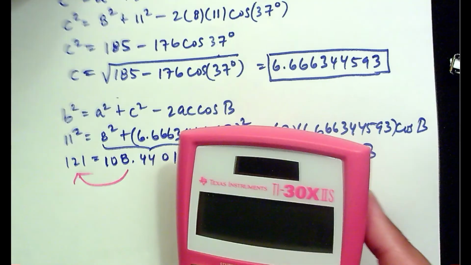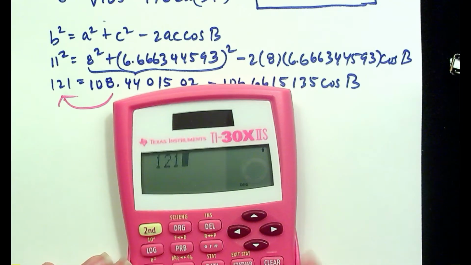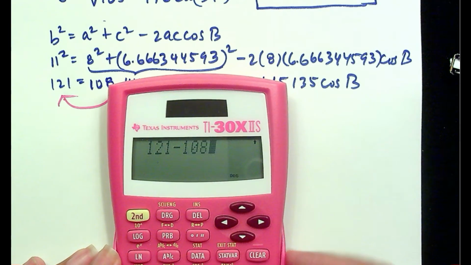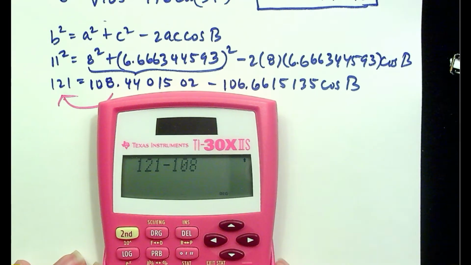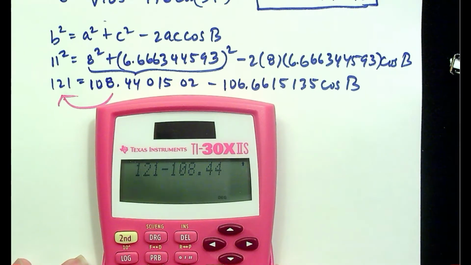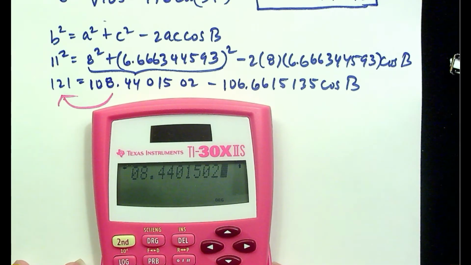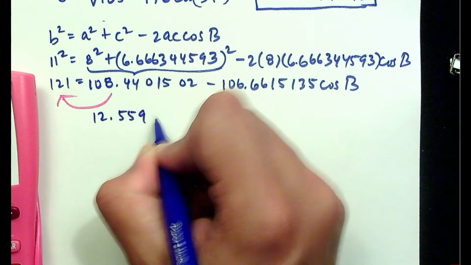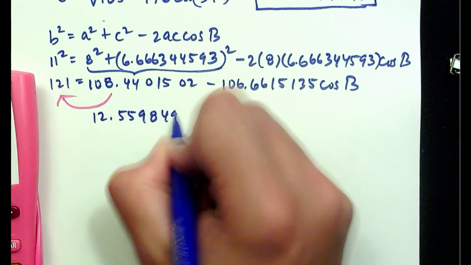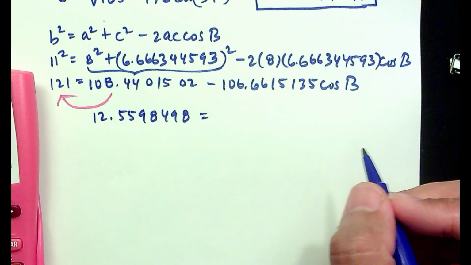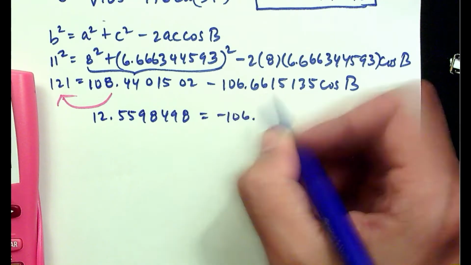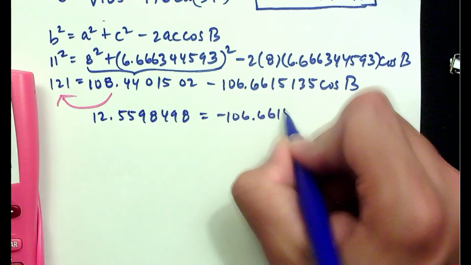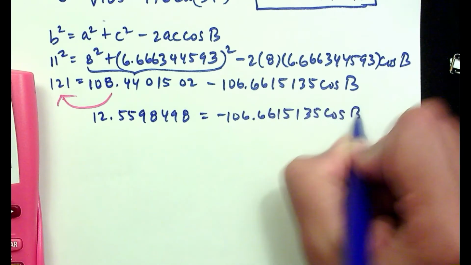So let's do that. 121 minus 108.440150. That would be 12.5598498 equals negative 106.6615135 cosine of B.